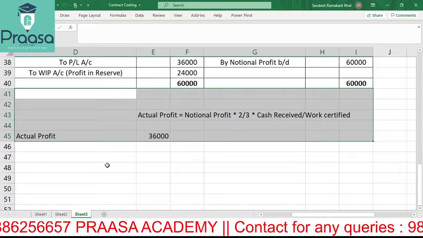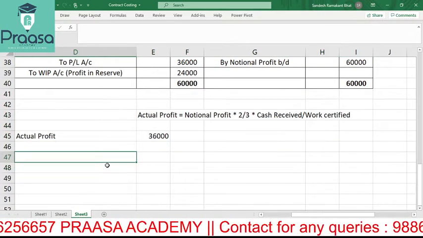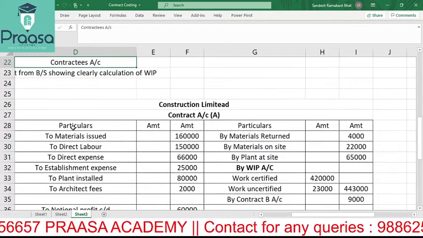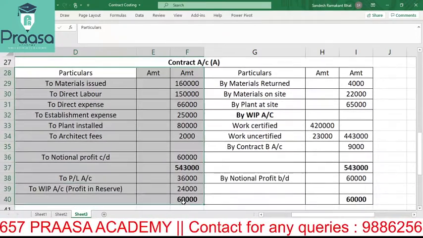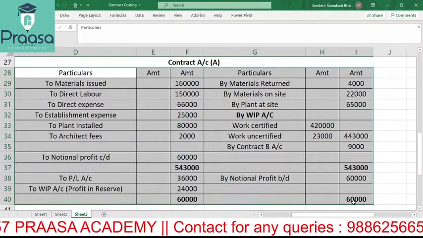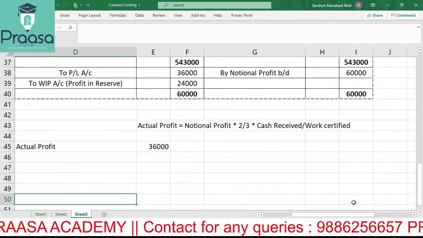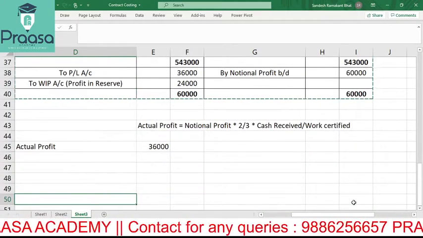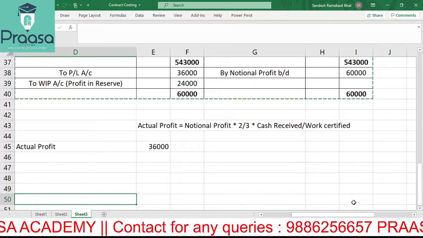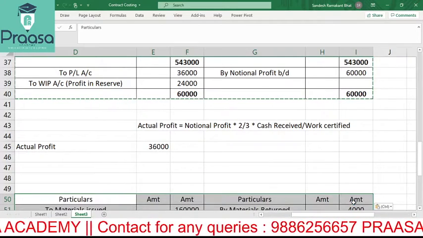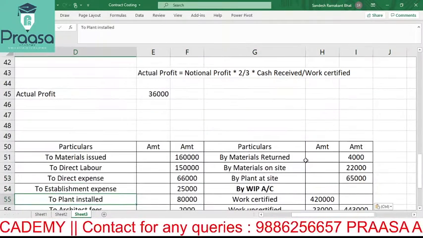Yes, simple. Okay, let me copy everything again, but there will be slight changes. There will be no transfer, but there is a receiving end, right? So that is very important.